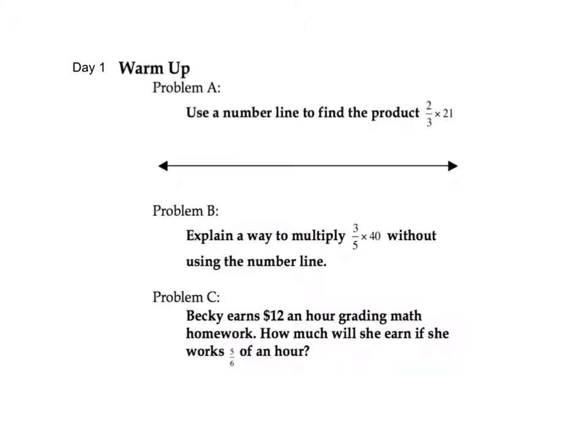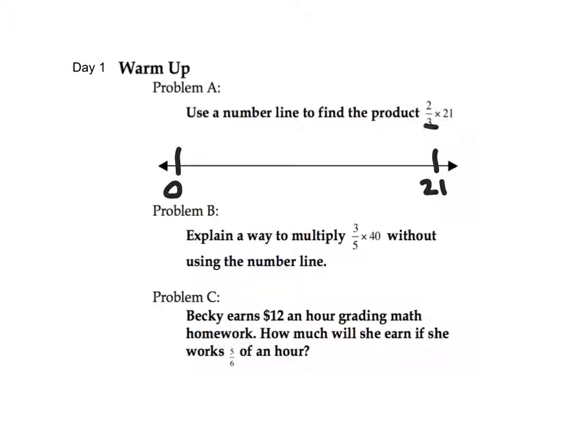When we look at problem A, if we think about how we've been doing it, because it's 2/3 times 21, this is like saying that somebody earns $21 an hour and they're only working 2/3 of an hour. So when we section off our number line, I'm going to put 0 at the end and 21 on this end.